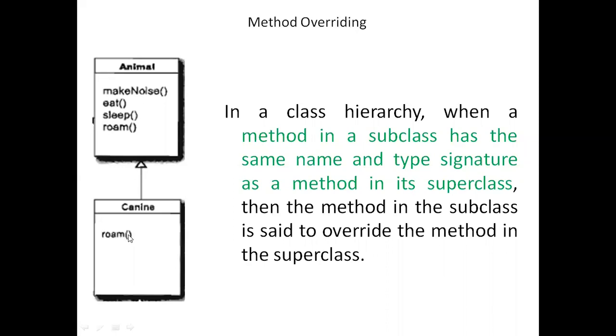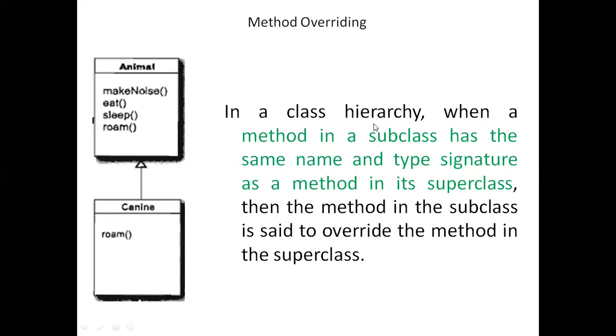In the Canine class, I want this to behave differently. So I can override the method such that whenever I call the Roam method from the child class, the overridden method will be called. This new version which I have written in the child class will be called. If I am calling the Roam method from the parent class, the original version will be called. That is the purpose of overriding.